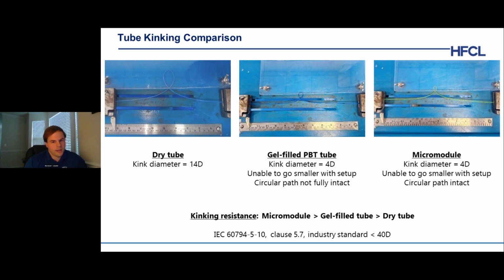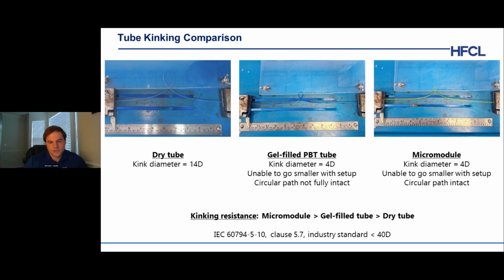And the micromodule also has the same kink diameter, but we were unable to go much smaller because of the setup itself. And if you look, it's kind of hard to see here, but qualitatively, the path is more circular for the micromodule relative to the gel filled PBT tube. Another thing to point out is the micromodule doesn't have that same set.